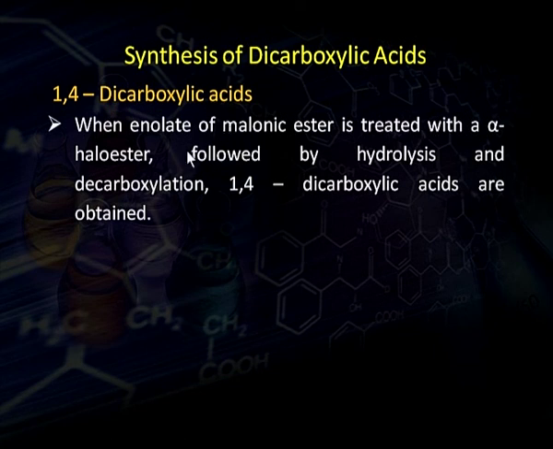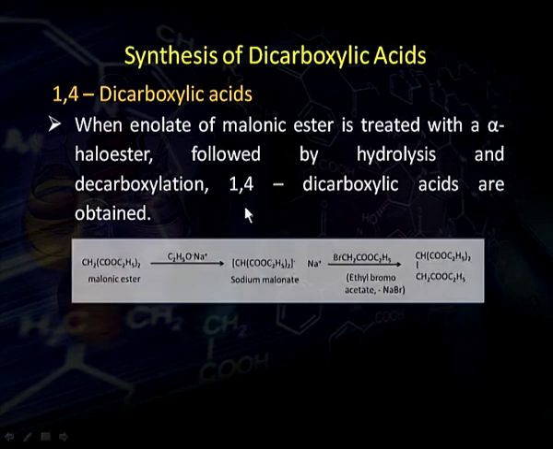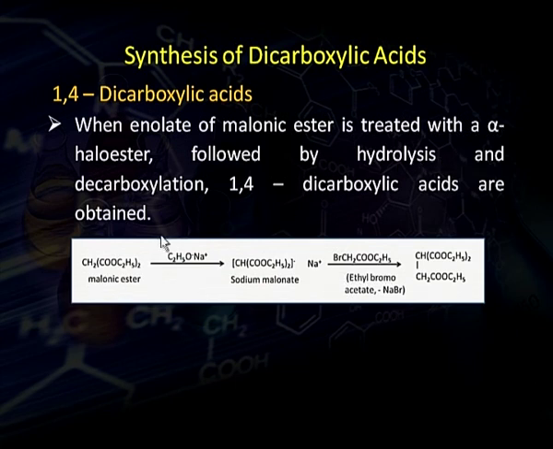In a similar way, we can also synthesize 1,4-dicarboxylic acid. When enolate of malonic ester is treated with alpha halo ester followed by hydrolysis and decarboxylation, 1,4-dicarboxylic acids are obtained. Malonic ester upon treatment with sodium ethoxide will lose ethanol and get converted into sodium malonate.